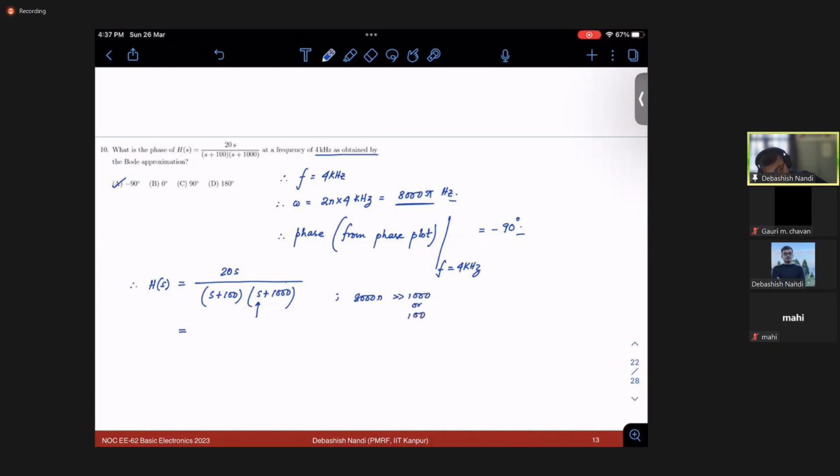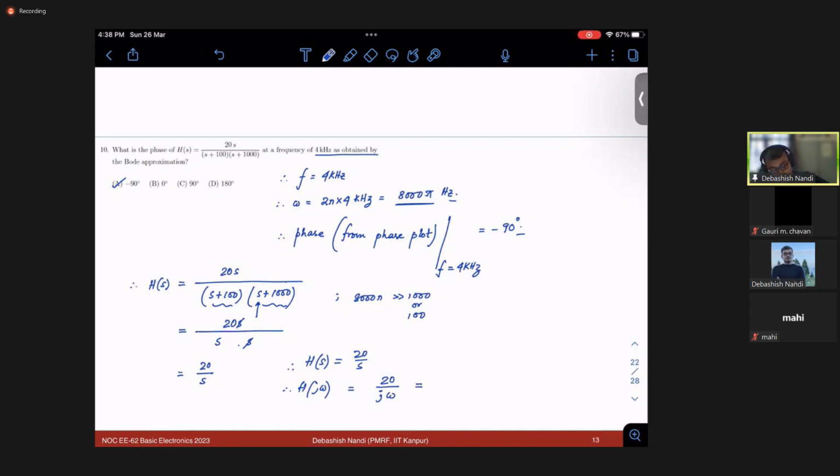So I will simply keep 20S above here, from this I will keep S, and from this I will keep S, right? S gets cancelled, so I have 20 by S, right? Your H(S) is 20 by S, so your H of j omega is 20 by j omega, right?